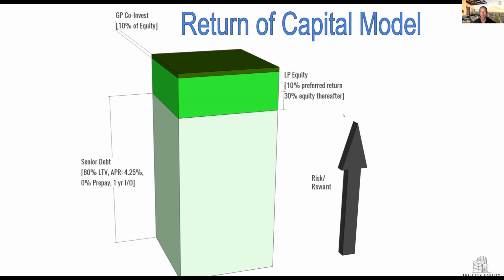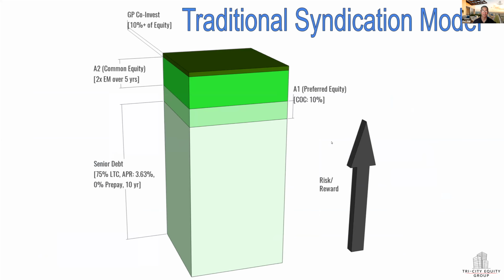Whereas the traditional syndication model, at least for the A2, favors the traditional growth investor that's willing to wait a longer time for a potentially higher equity multiple. But if you have to wait longer, that means it's higher risk too, right? So time is a key factor in evaluating the risk between the two models.